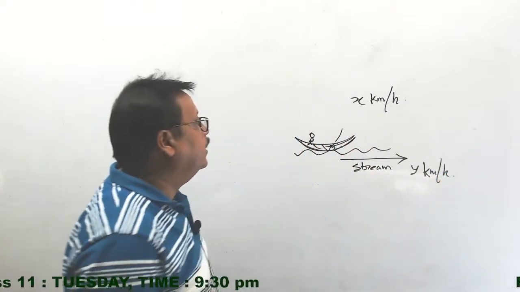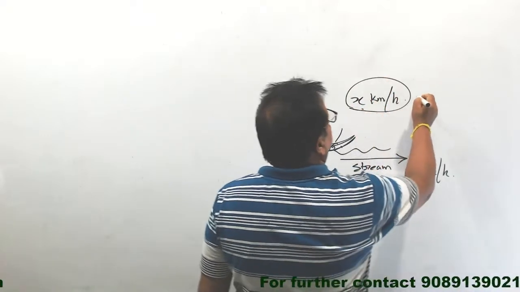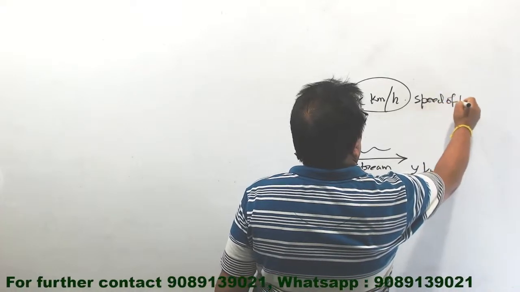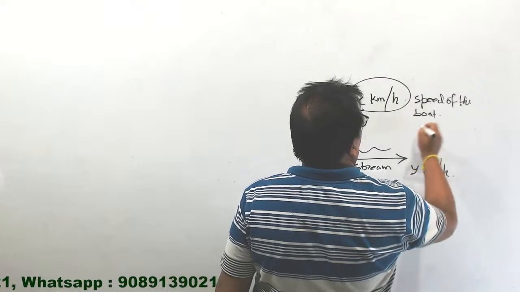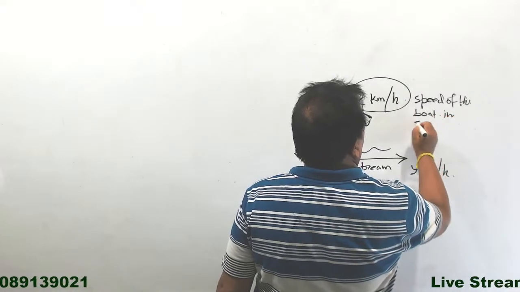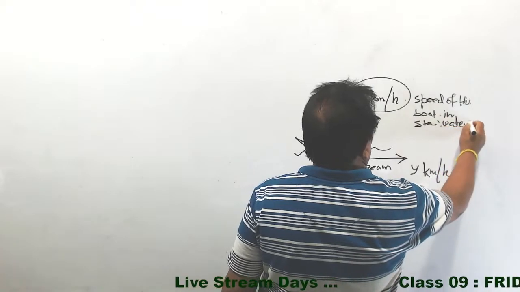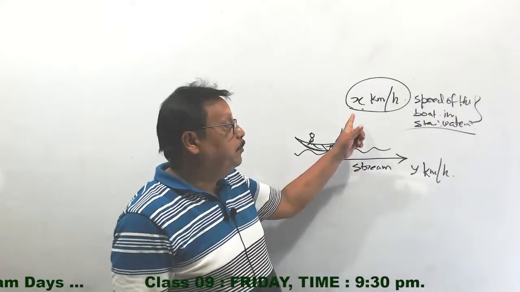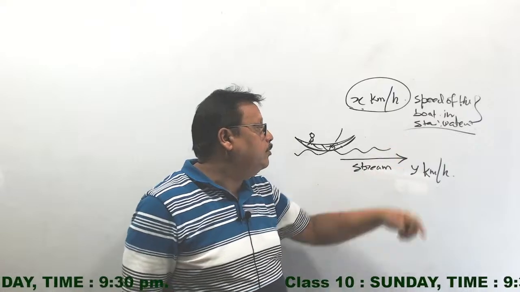Understood? This is the speed of the boat in still water: x kilometer per hour, and the stream y kilometer per hour.